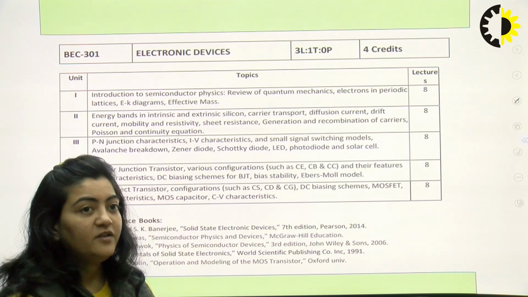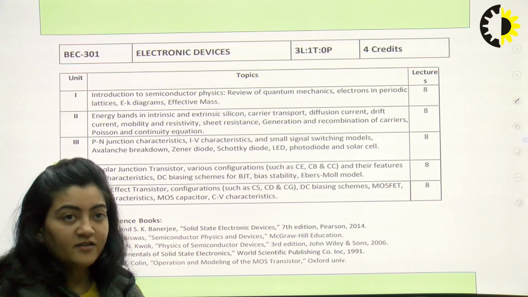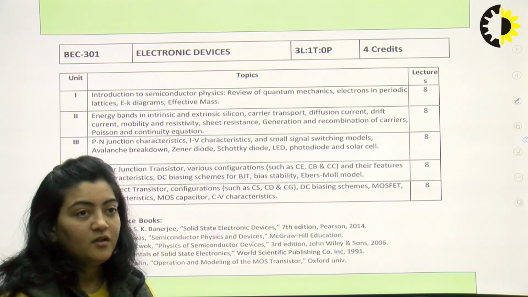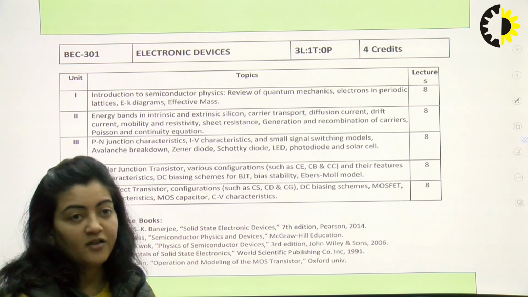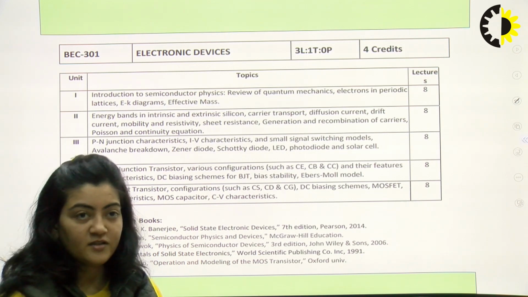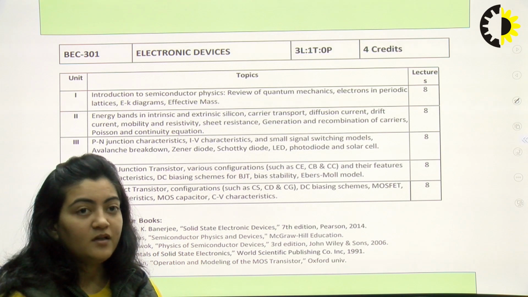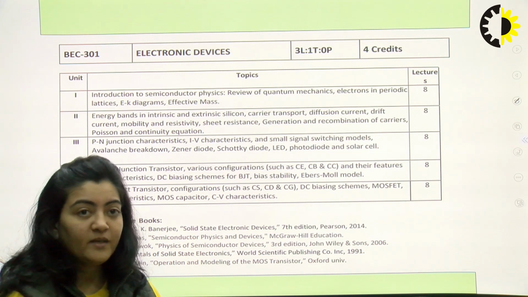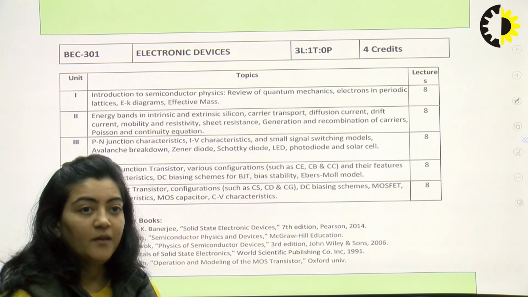In unit 1 we have the introduction to semiconductor physics: how we can distinguish a material as a semiconductor, conductor or insulator, and the quantum mechanics behind these materials.